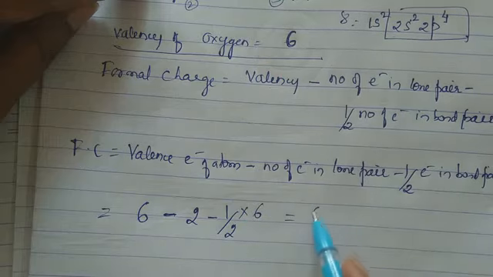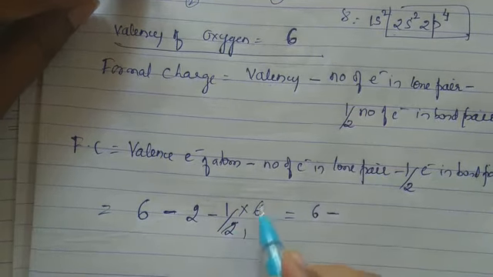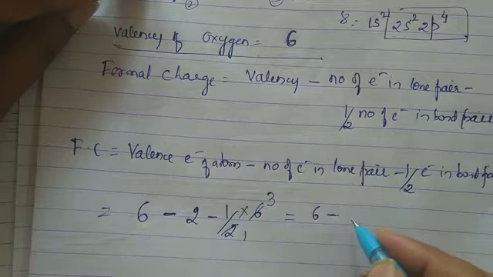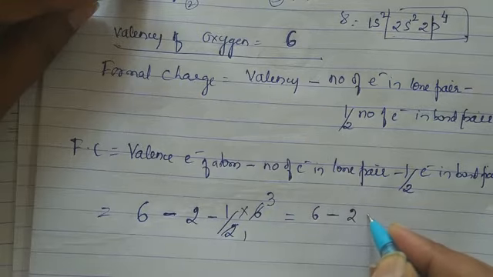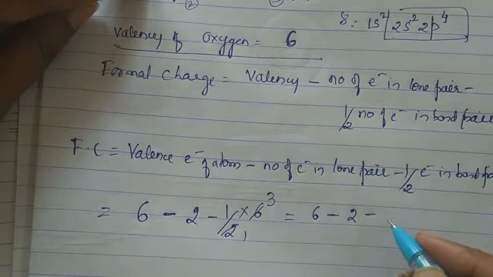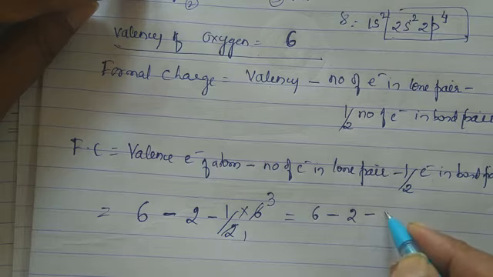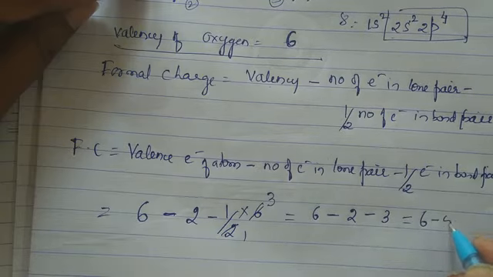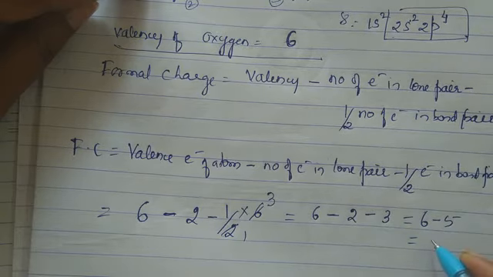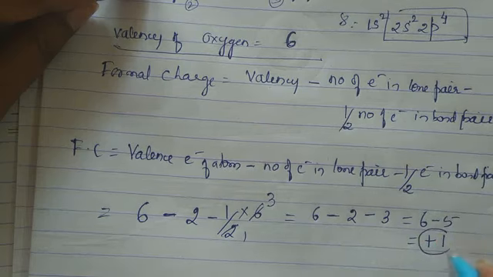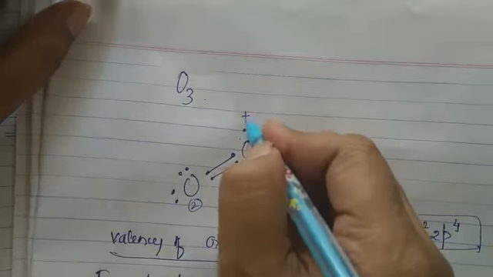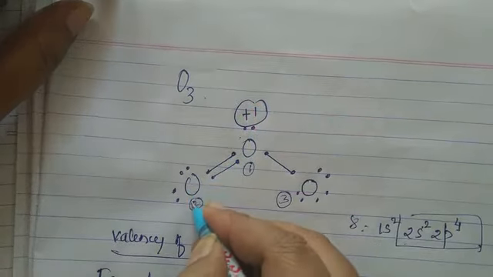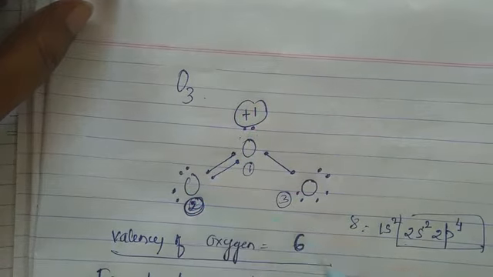This comes out to be 6 minus 2, minus 3, that is equal to 6 minus 5, which is equal to plus 1. So what is the formal charge of the first oxygen atom? It is plus 1. So we shall calculate for the second one on the same lines.